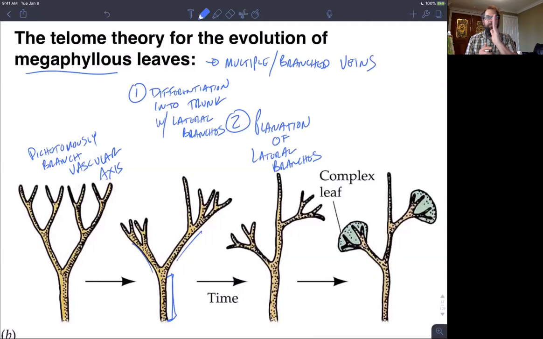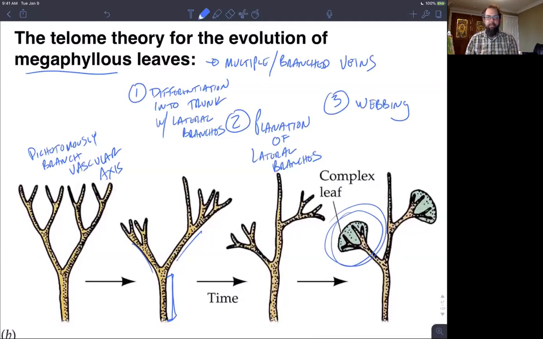That sets us up for the third step in the telome theory for the evolution of leaves, and that is webbing of these lateral branches. If photosynthetic tissue fills in between those lateral branches and makes webs, what do we have in the end?